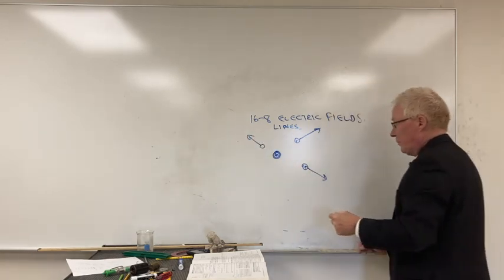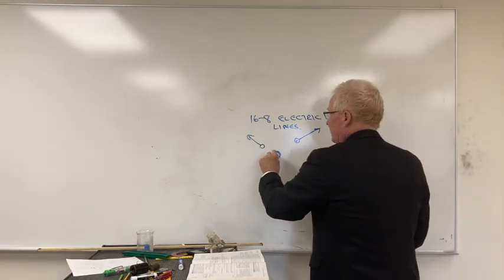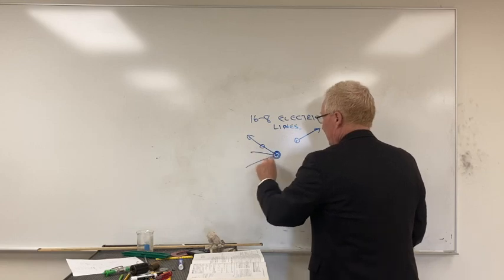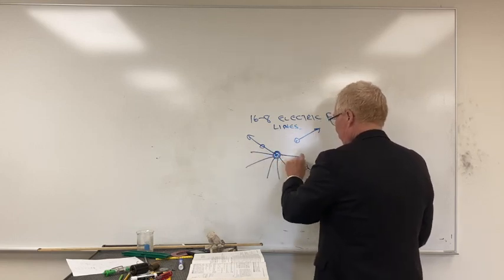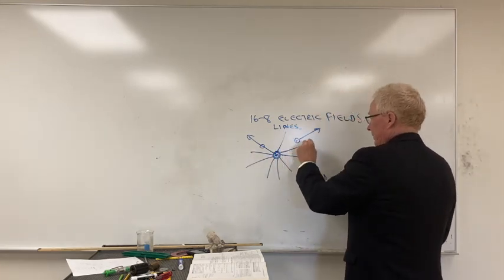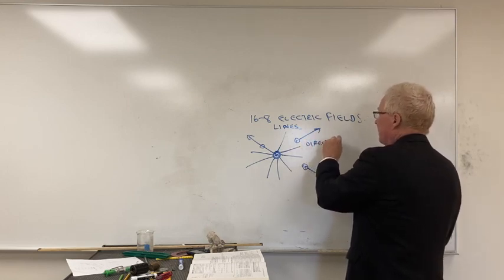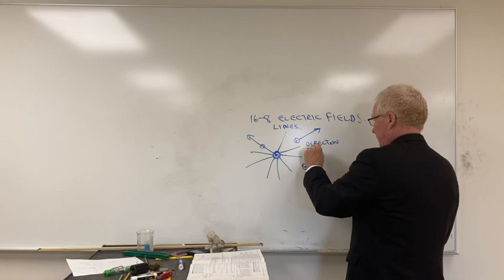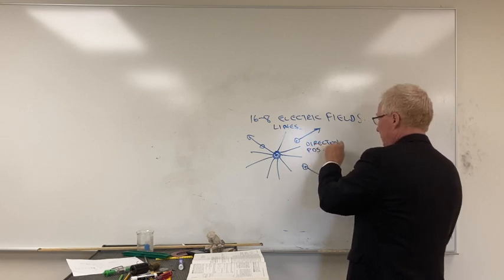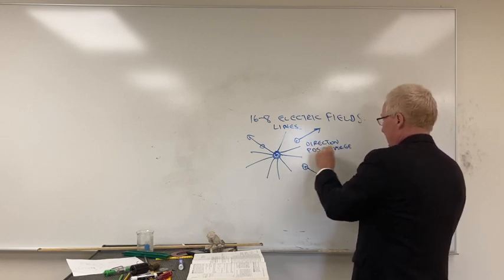So what we can do is draw what we call field lines, which indicate the direction a positive charge would move.